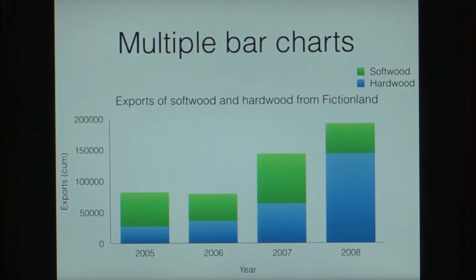However, we can make out from this graph that the exports of softwood are showing a mixed picture, because between 2005 and 6 the exports decreased. If we look only at the green portion, the exports increased again between 2006 and 7, and then they decreased again. So, multiple bar charts help us to show different kinds of data on the same plot.